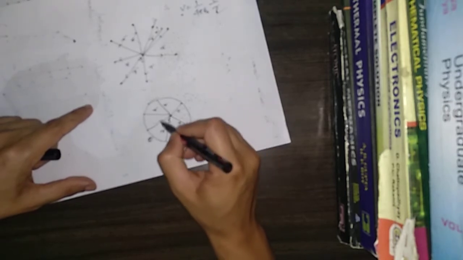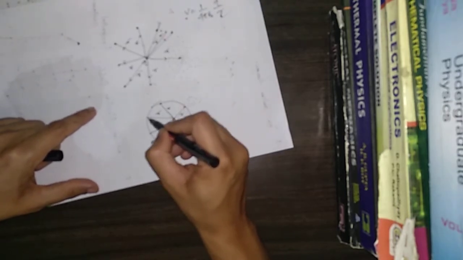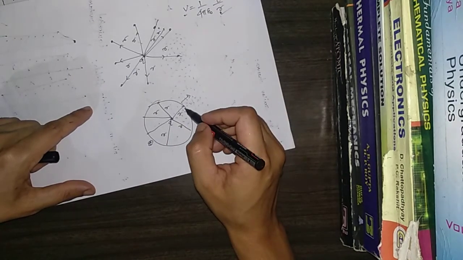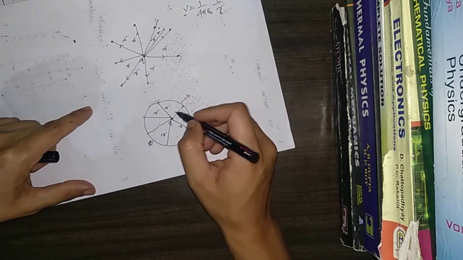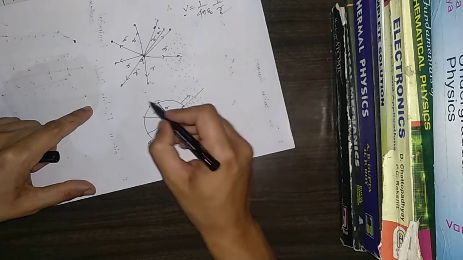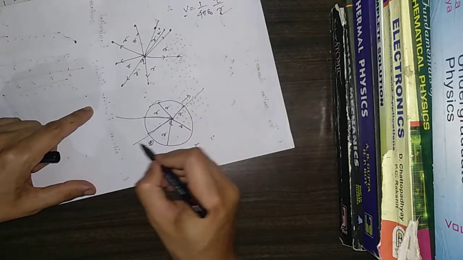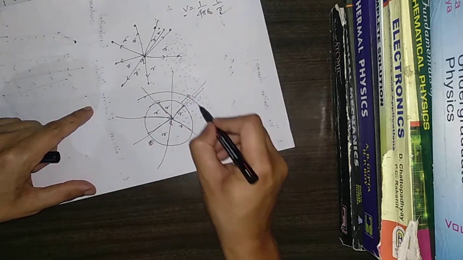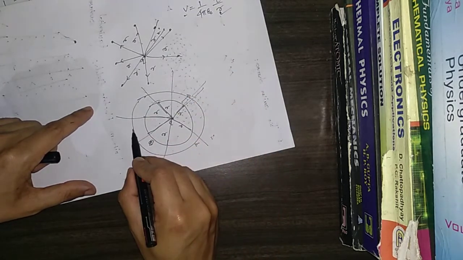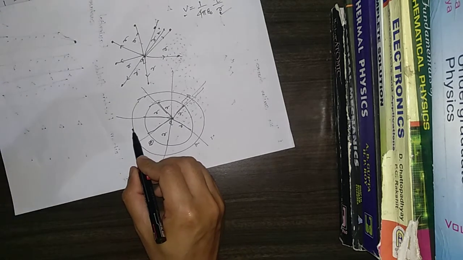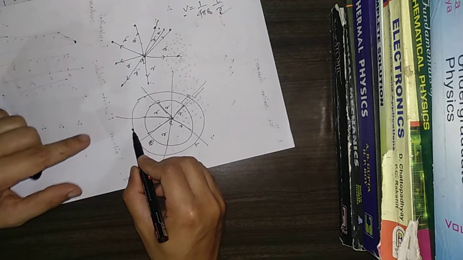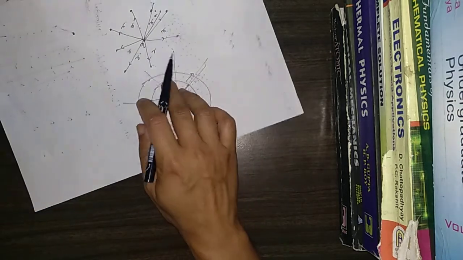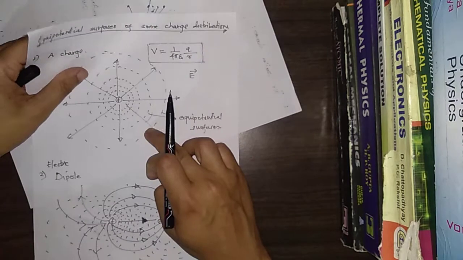That means at every distance r, the value of the potential is the same. So this circle is your equipotential surface in 2 dimensions. Therefore, for any charge you'll have equipotential surfaces of concentric circles. Even on these circles, the value of the potential is the same, which we have already shown here.